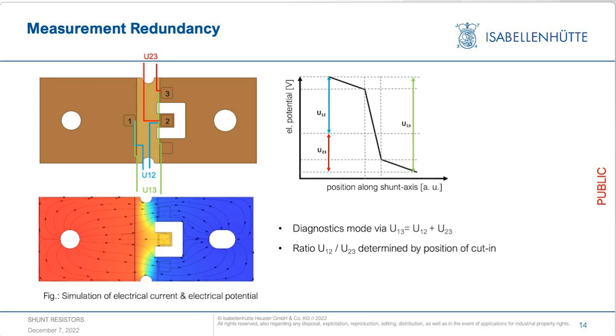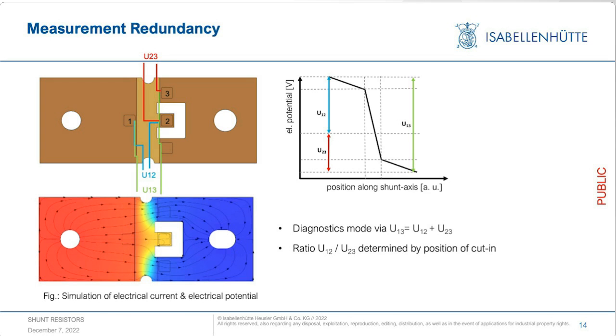Or more formally speaking, the entire voltage drop, which you measure between 1 and 3, splits into a voltage drop between 2 and 3 and a voltage drop between 1 and 2. And this is a mathematical calculation which is always valid.